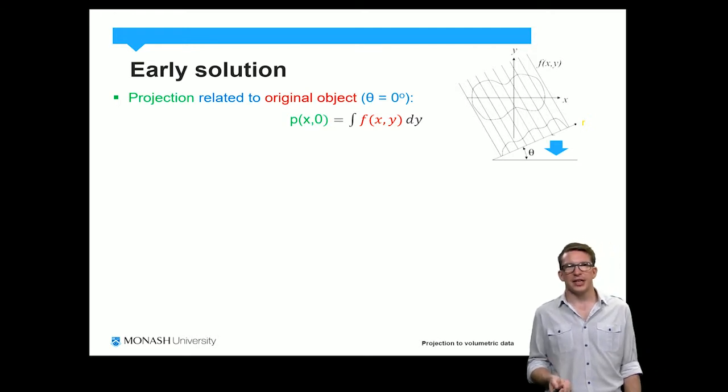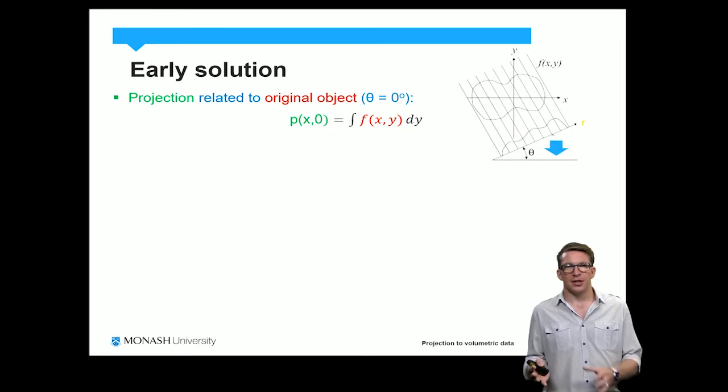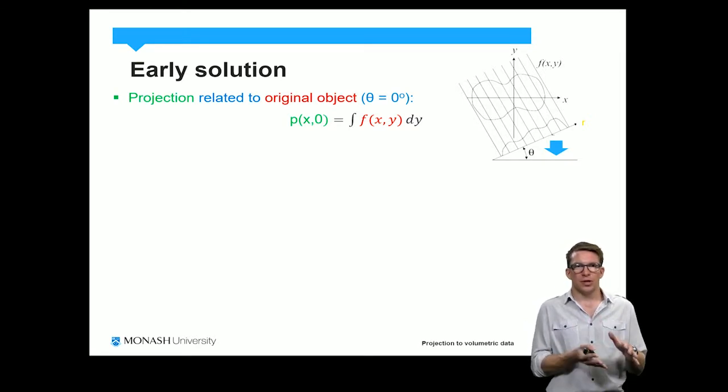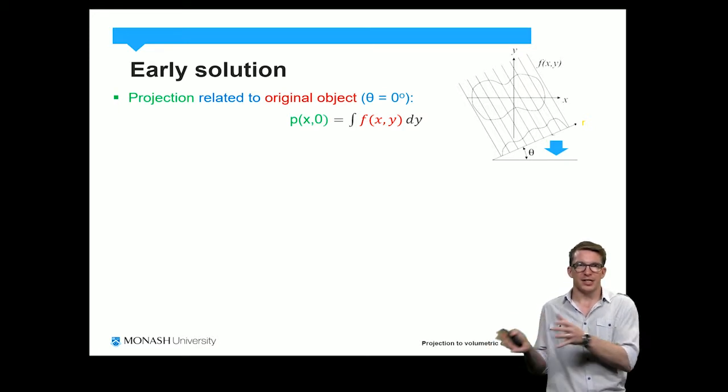Here I've colour-coded the projection data as the green part of the equation and the original object as the red part of the equation. We're just going to look at a derivation that relates the one-dimensional Fourier transform properties to the two-dimensional Fourier transform of an object and its inverse.